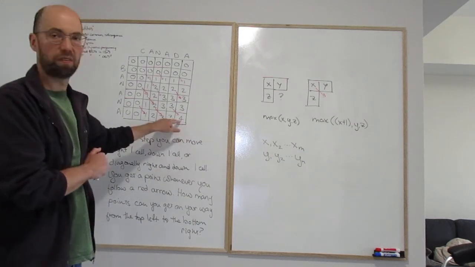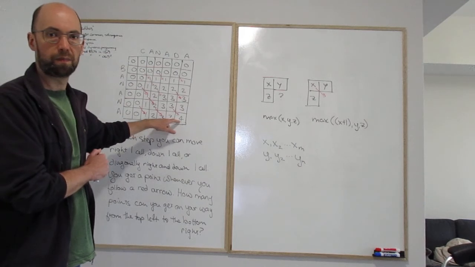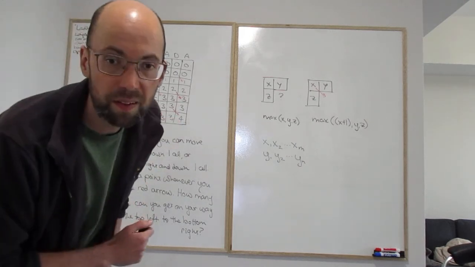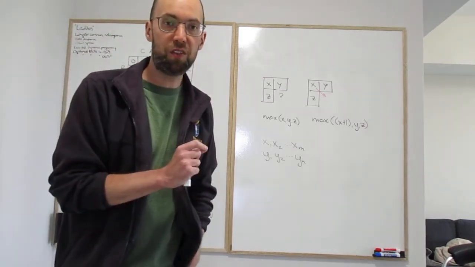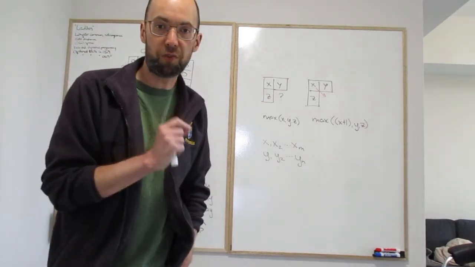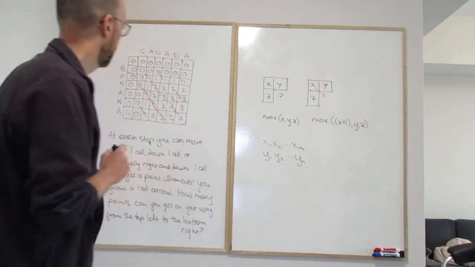And it's 4. No, substrings have to be continuous, subsequences don't. Okay.